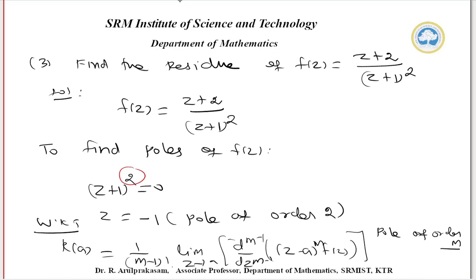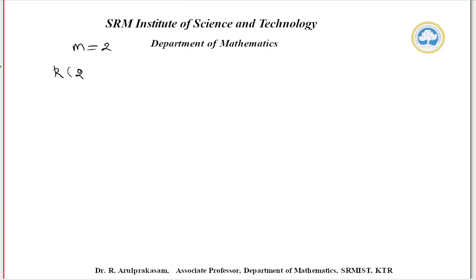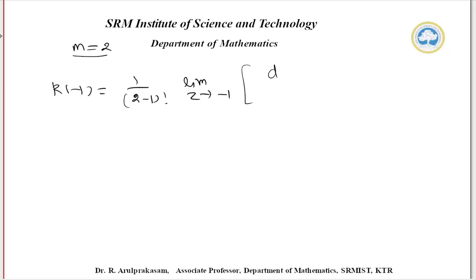So for a pole of order m equal to 2, the residue formula for r of minus 1, just write out the formula: 1 divided by 2 minus 1 factorial, limit z tends to minus 1, of d power m minus 1, that is 2 minus 1, nothing but d divided by dz of z plus 1 whole square into f of z, right?